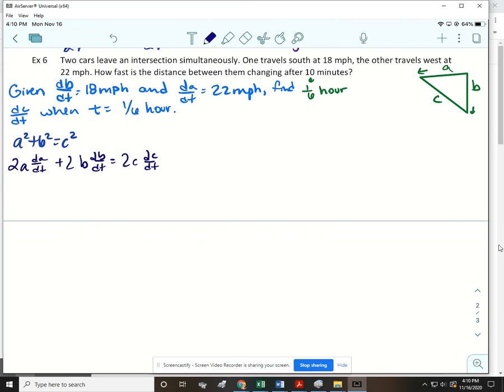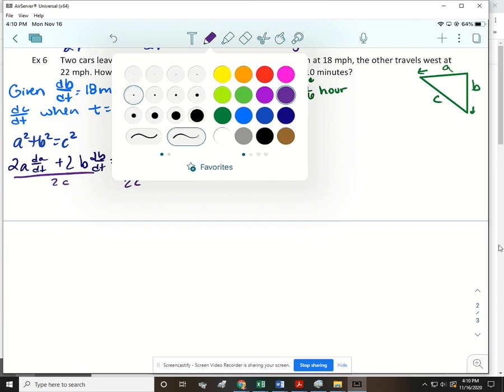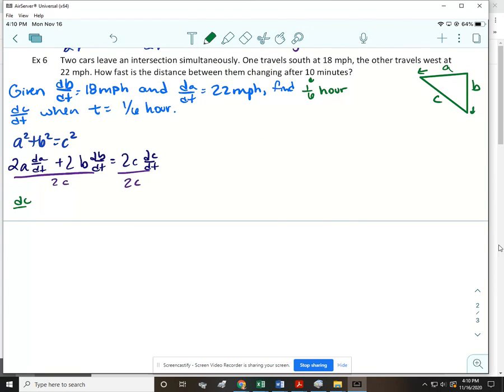And we want to find dC/dt, so this is very much like the one we just did. This is going to be slightly more difficult, but dC/dt is going to be equal to A dA/dt plus B dB/dt over C. All those 2's cancel out.